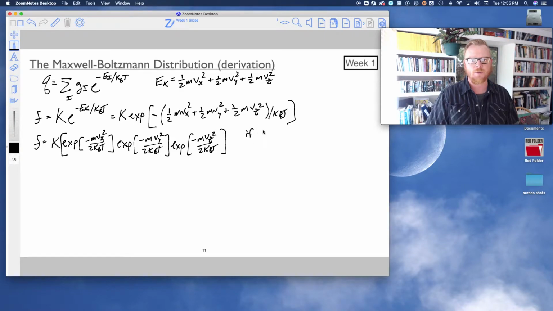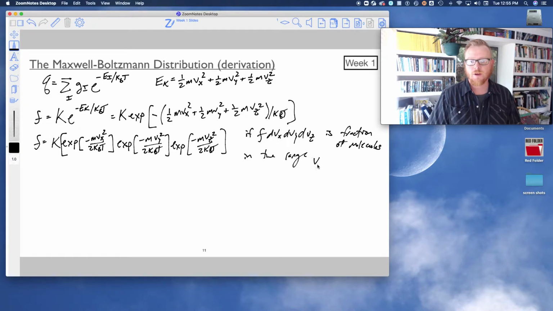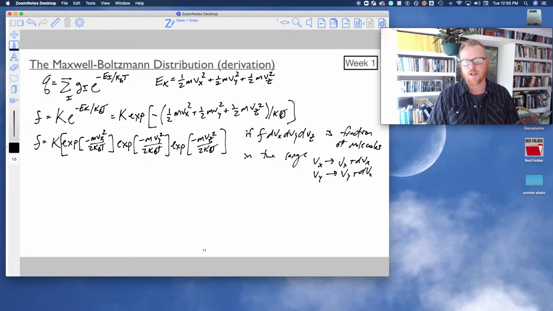I'll say if f of dv_x, dv_y, dv_z is the fraction of molecules in the range v_x to v_x plus dv_x, and v_y to v_y plus dv_y, and then we can say the same thing about z, v_z to v_z plus dv_z.